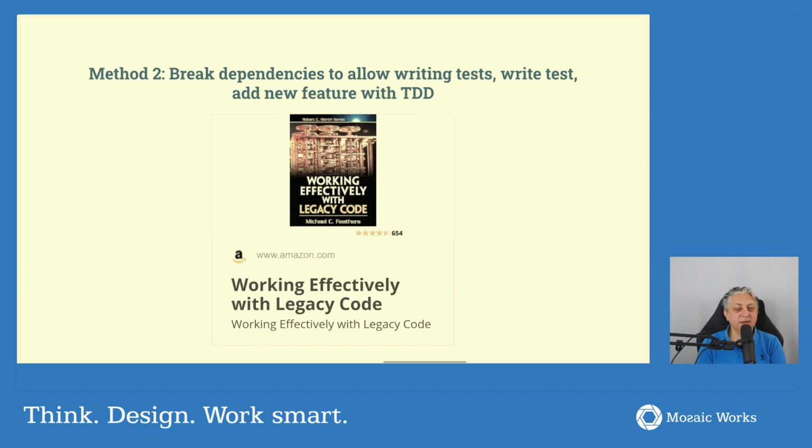He details a number of techniques for breaking dependencies, because fundamentally what you need to do in order to start introducing tests is to break dependencies between classes, between objects in your system.